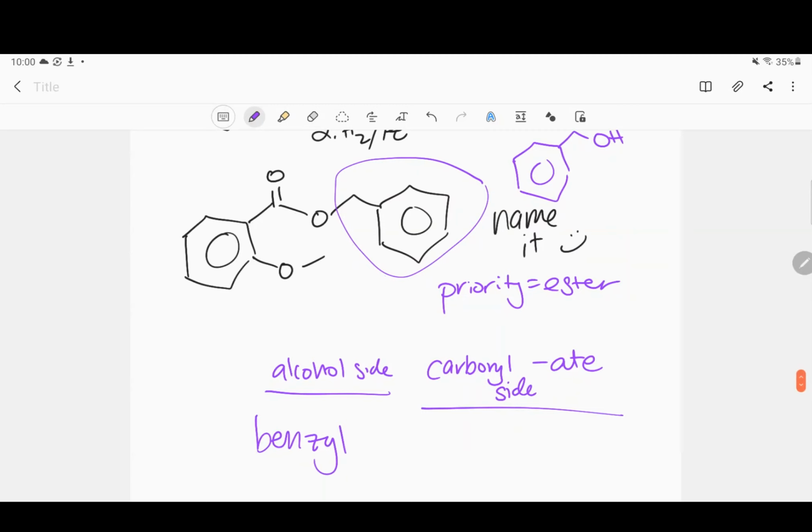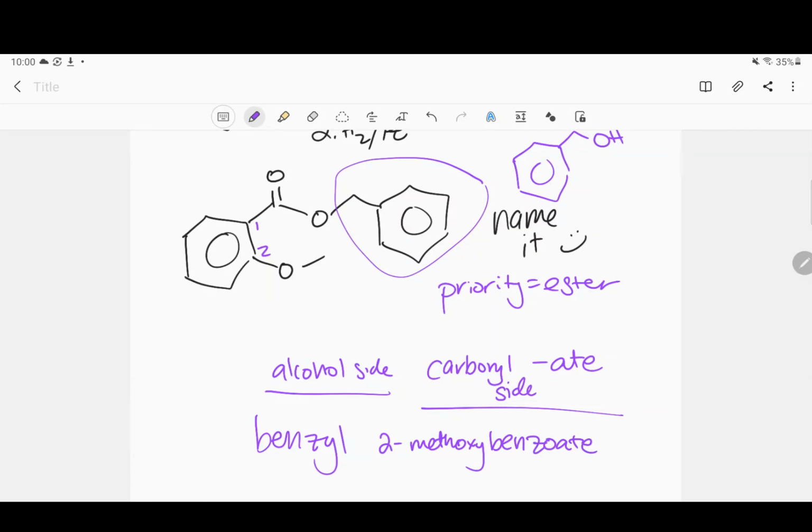So now we have to look at the carbonyl side. And what do we have there? The parent there would be benzoate. But we also have a substituent on this thing, right? So this would be carbon 1, that's going to be carbon 2. So we have 2-methoxybenzoate.